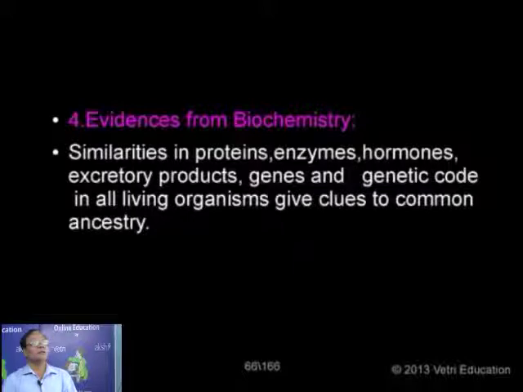While we analyze the proteins, enzymes, or hormones in different organisms, for example, one enzyme, trypsin, which we have in the pancreatic juice. Trypsin is present starting from amoeba up to man. It is the one enzyme that has been isolated from unicellular organisms up to man.